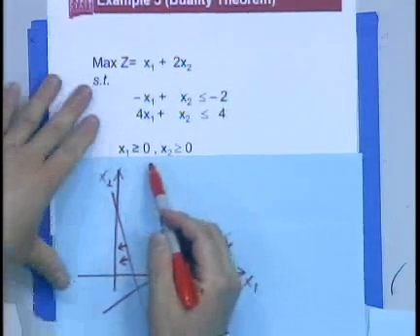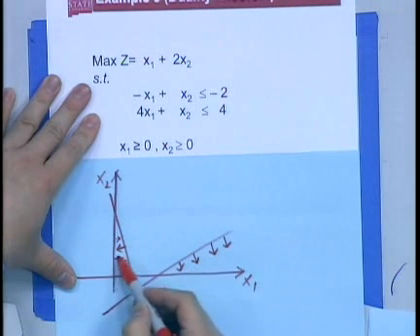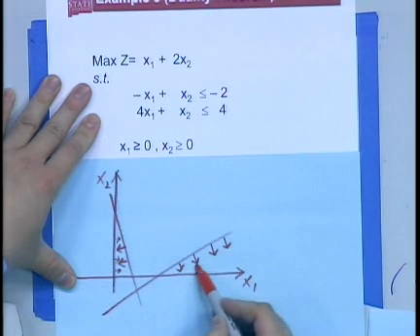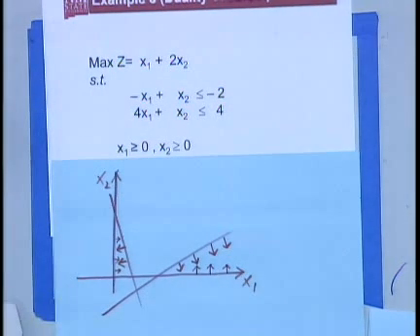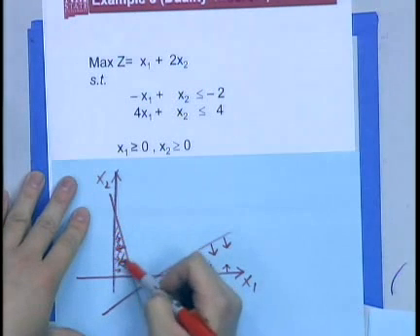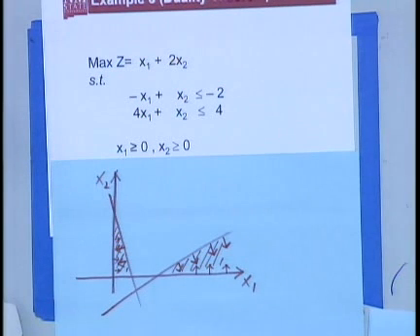Because of the non-negativity restriction for each decision variable, we have a feasible direction this way. Okay? So again, we know that the feasible region is empty in this case, which means it contains no points, right?